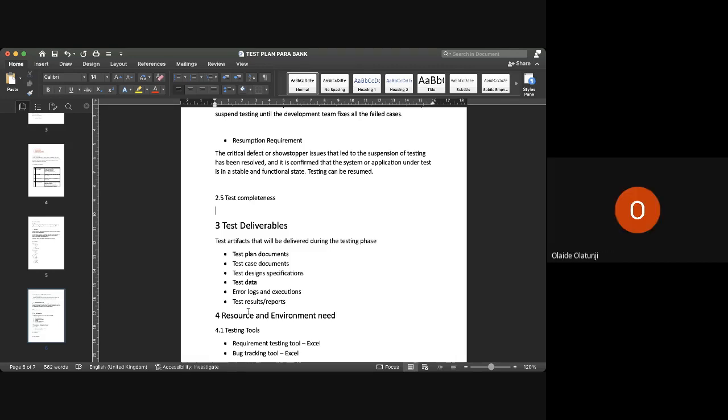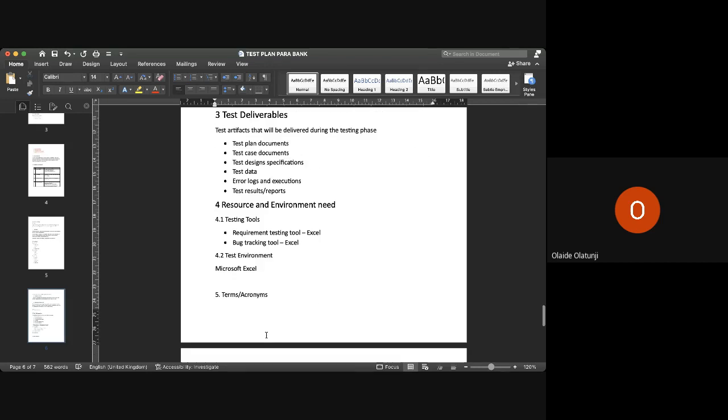So resource and environment needs. Yes, testing tools, requirement testing. Which one is requirement testing? What do you mean by requirement testing tool?